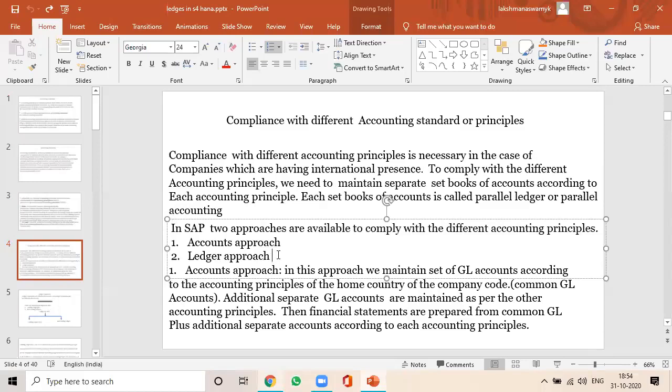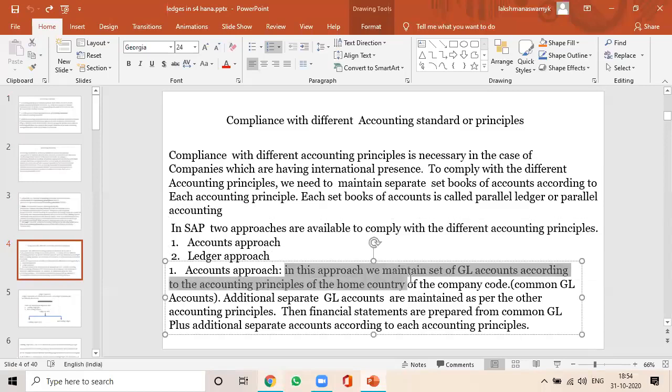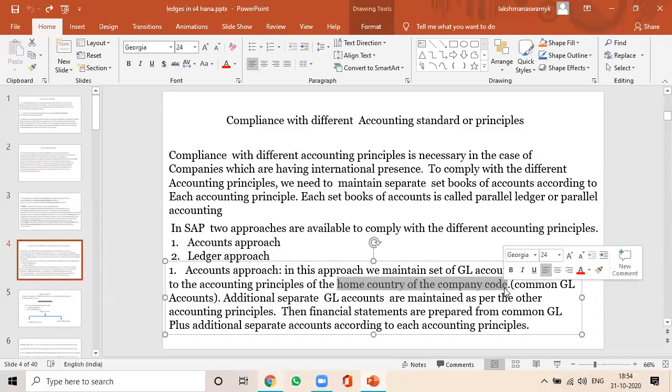So in the accounts approach, we maintain a set of GL accounts according to the accounting principles of the home country of the company code. This is called common GL accounts. Any number of accounting principles you need to follow, there is a common set of GL accounts, and those common GL accounts are maintained.